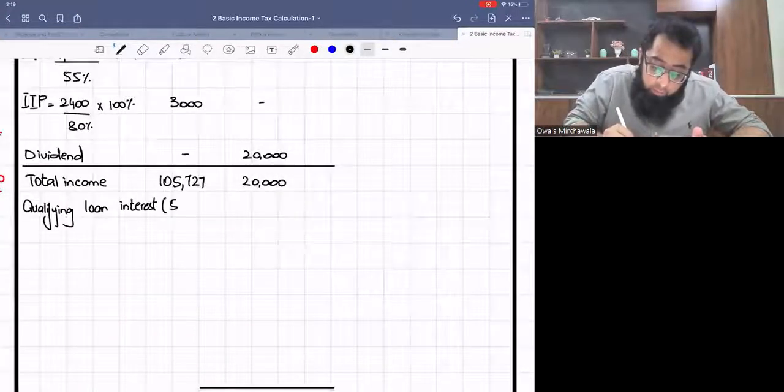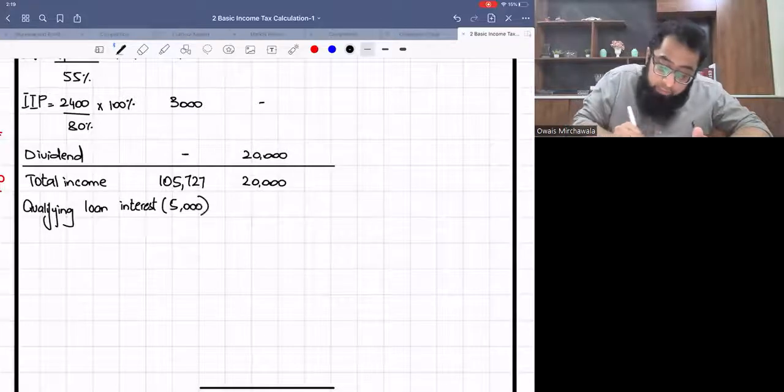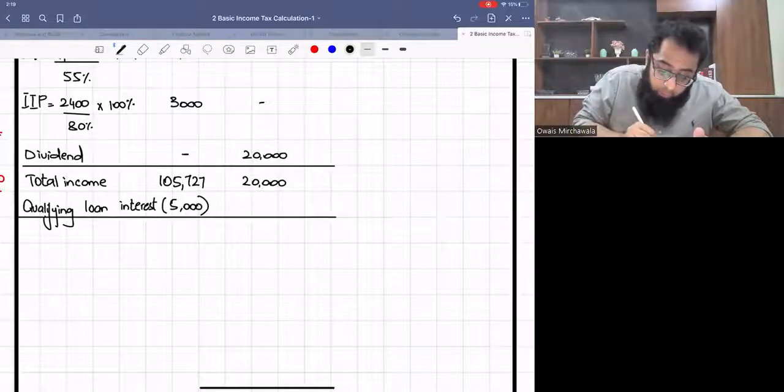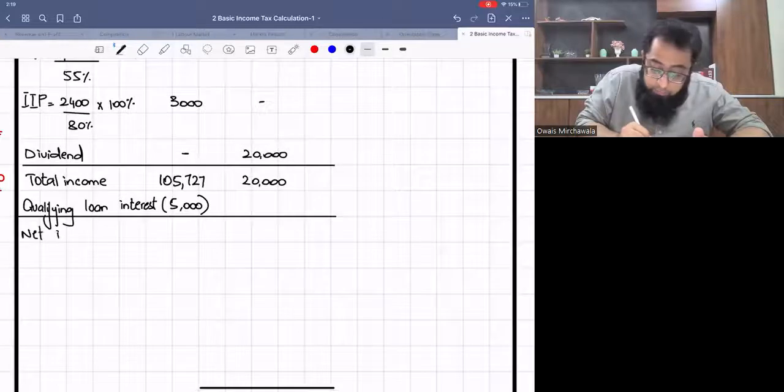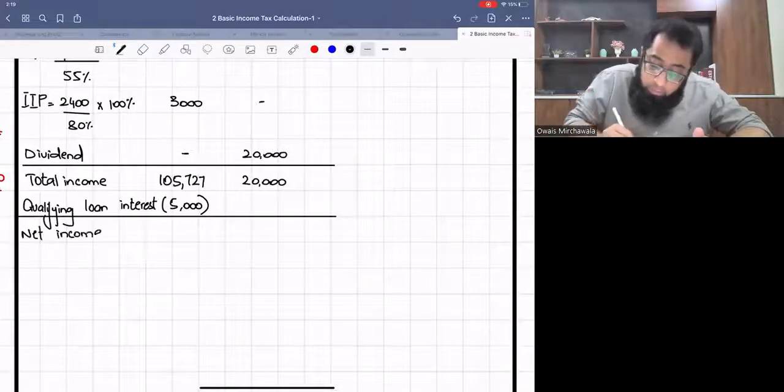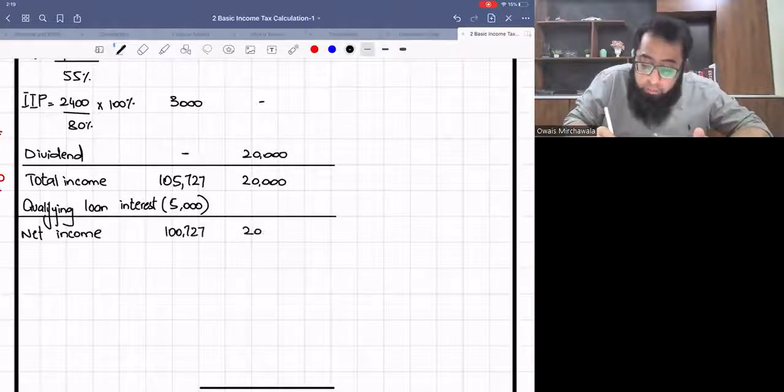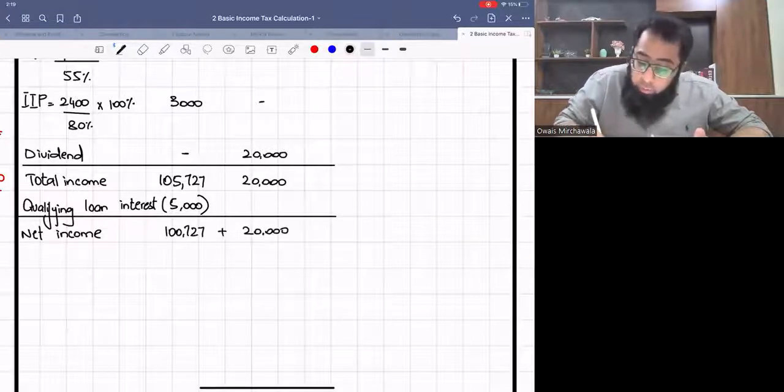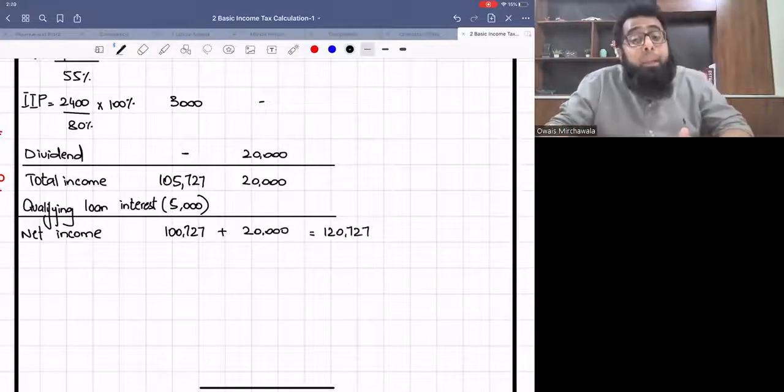It is deducted to arrive at the value of net income. Now our net income is 100,727, and this is 20,000. So our total net income is 120,727.